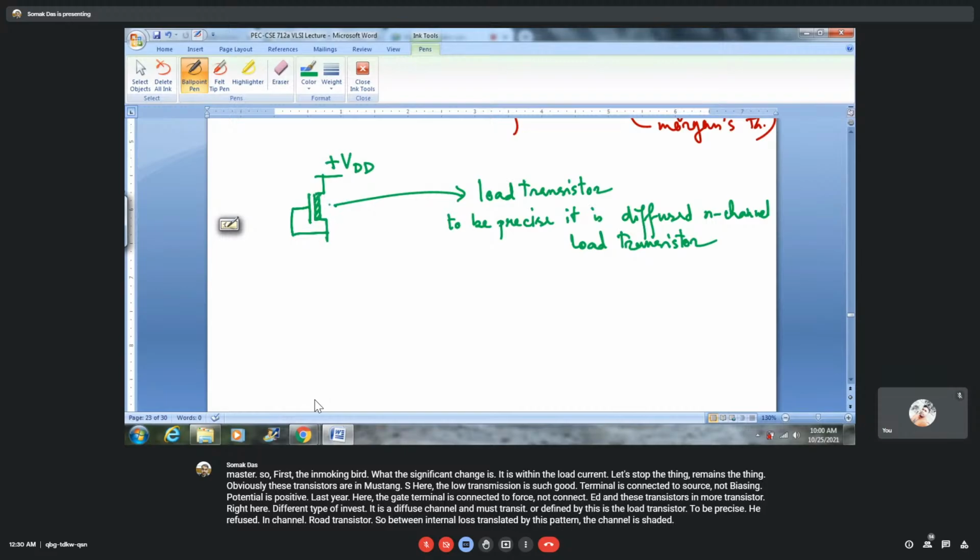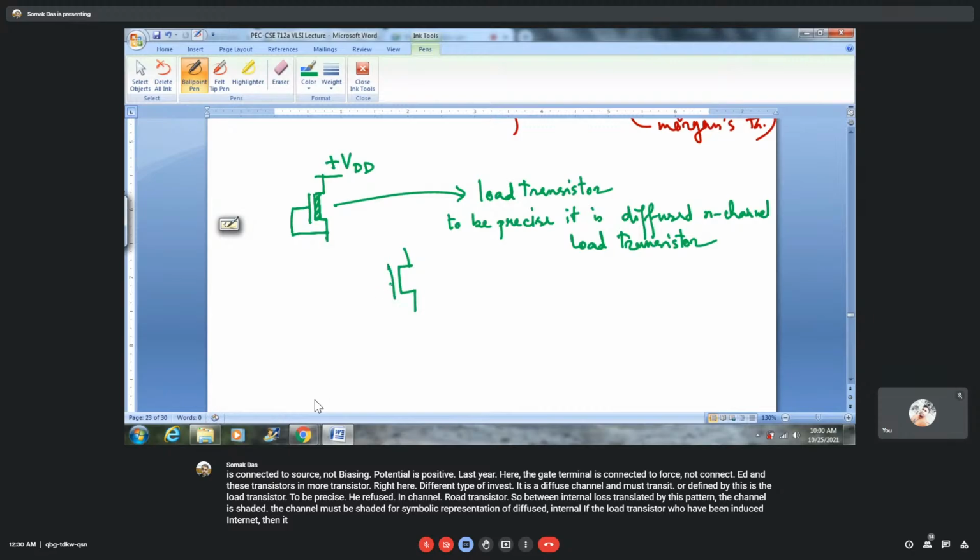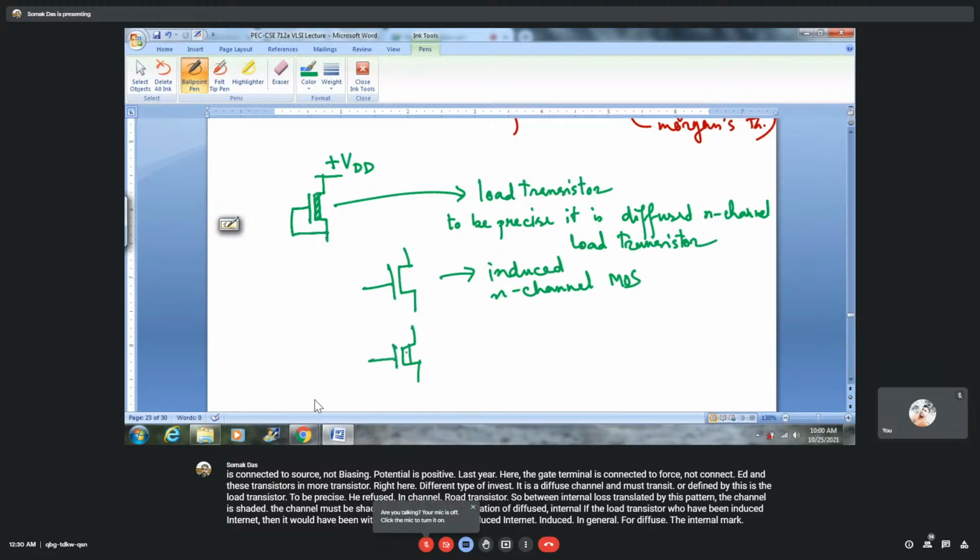The channel must be shaded for the symbolic representation of a diffused N channel load transistor. If the load transistor were an induced N channel, then it would be without any shade. This is induced N channel MOS. For diffused N channel MOS, you must shade this portion. This is diffused N channel MOS.